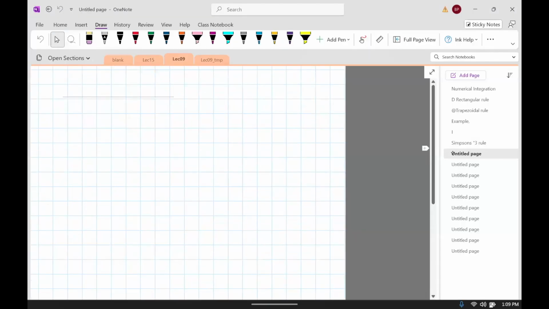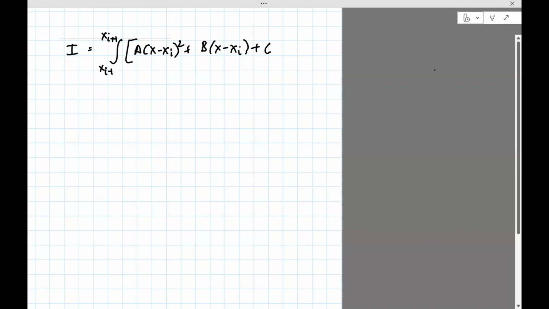Okay, so this is what I get. I'll integrate from xi minus 1 to xi plus 1 this expression, and a, b, and c are known. When you integrate this expression, and I will not get into the details of the integration, it is easy to integrate because it's a quadratic equation.